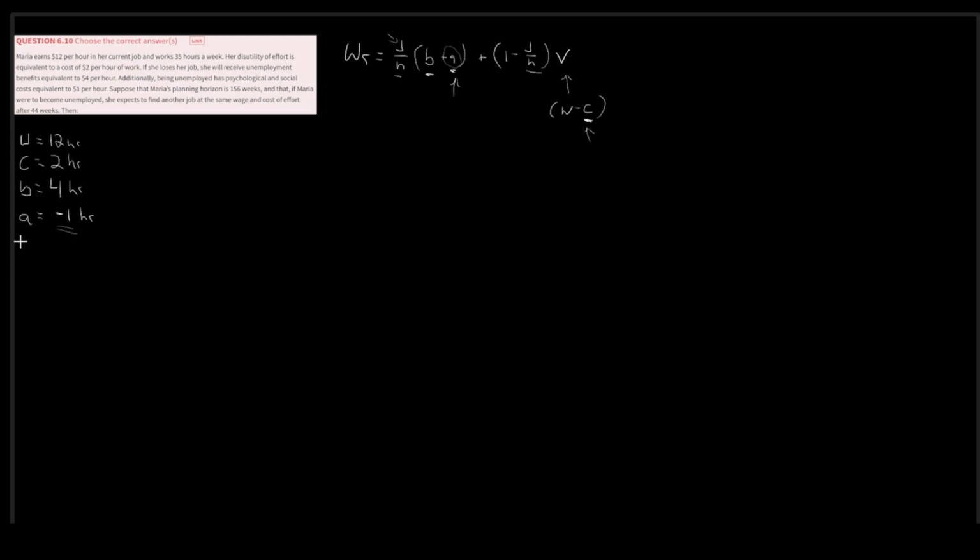Okay, carrying on, we have our time horizon. Our time horizon is 156 weeks. And the amount of time that we expect to be unemployed, well, that's going to be 44 weeks. Okay, from here, we need to make the decision.